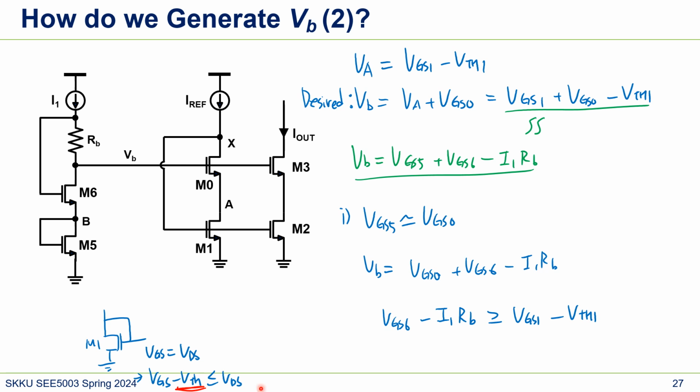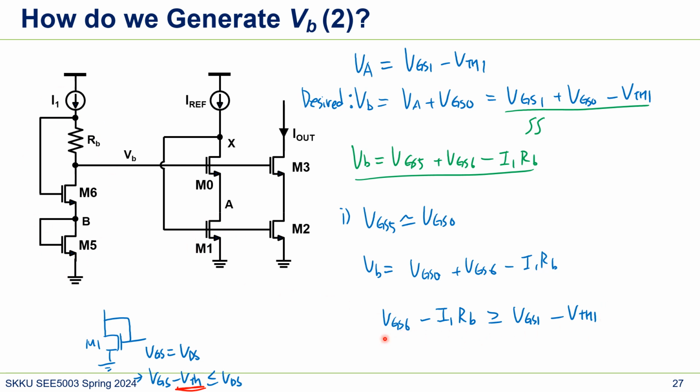So we set this I1RB around VTH1, and also VGS6 around this VGS1 value. So we can design this and meet this condition.